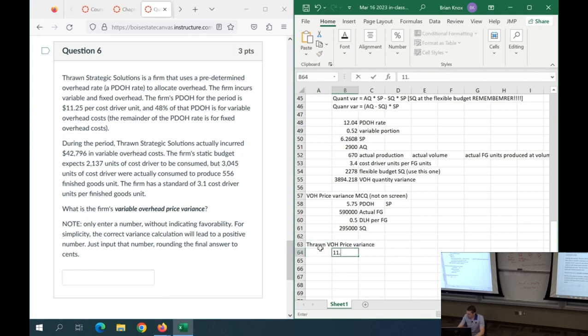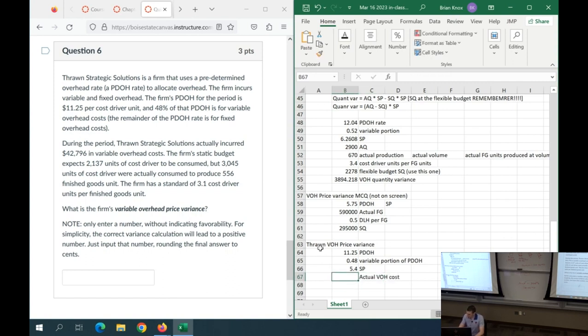Okay, our PDOH is 11.25, and 0.48 of that is variable costs. So we can multiply those out and get our standard price, $5.40.